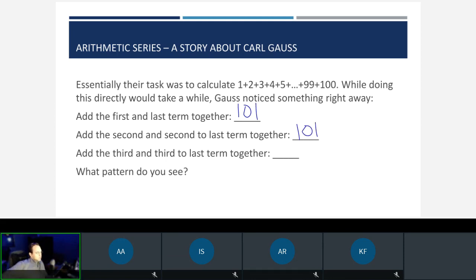And then what is the third and third to last numbers added together equal? Weird. Another 101. This is interesting. So, what pattern do you see? 101. Yeah. As we keep going in, keep adding these two numbers, going in and in and in, down to the middle, it's always going to equal 101 in this example.